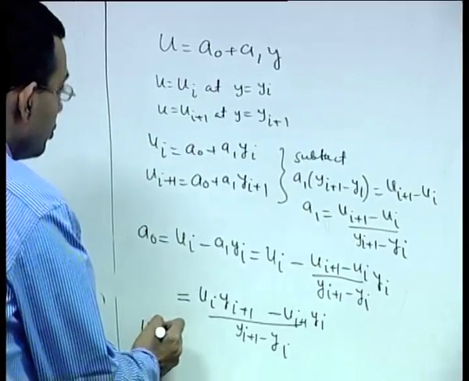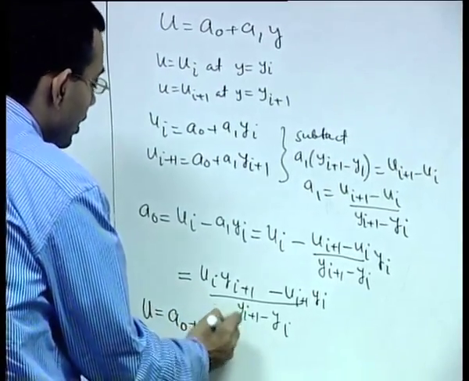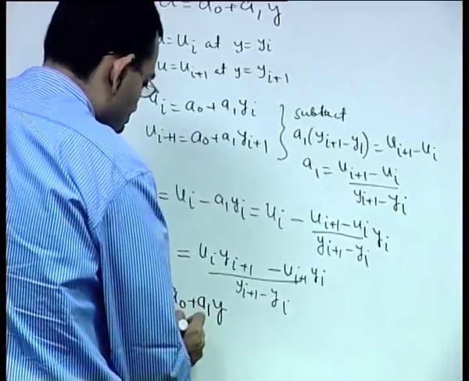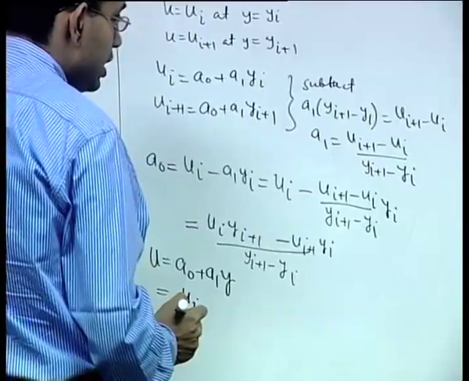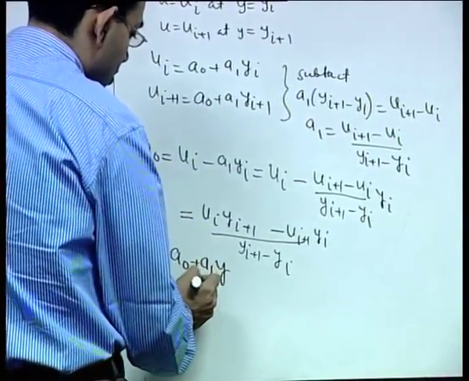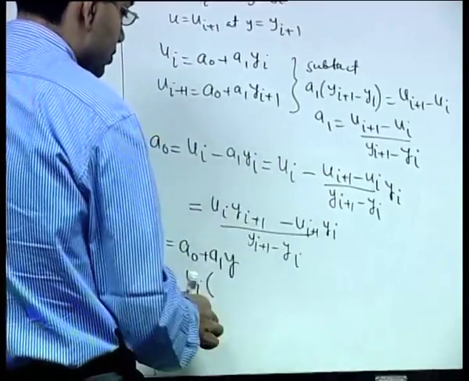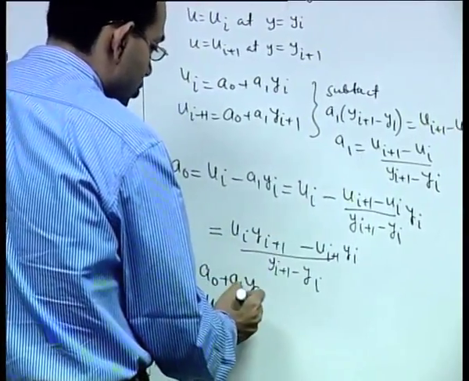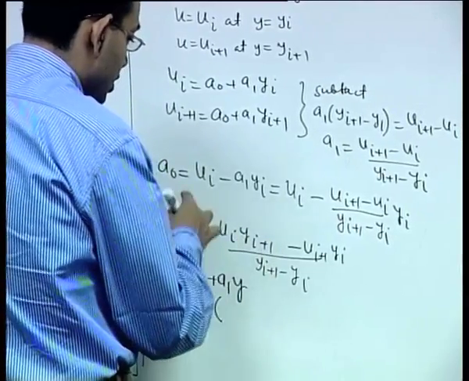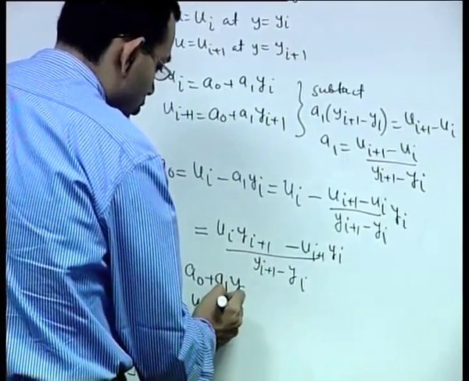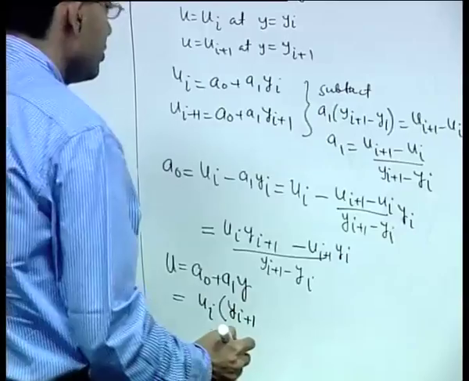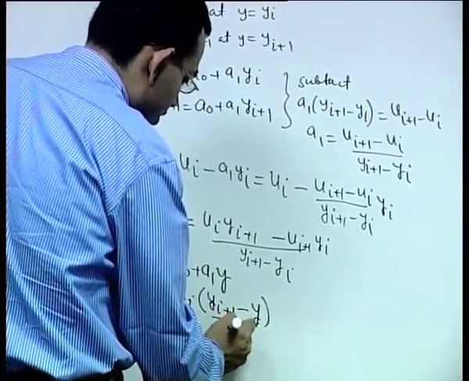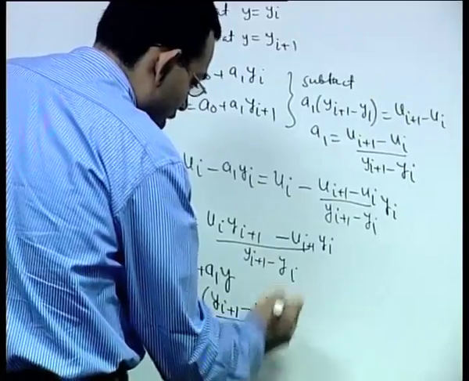So, u equals a0 plus a1 y. Let us first collect the terms with ui. So, ui into a0 plus a1 y, so ui into (yi plus 1 minus y) by (yi plus 1 minus yi).